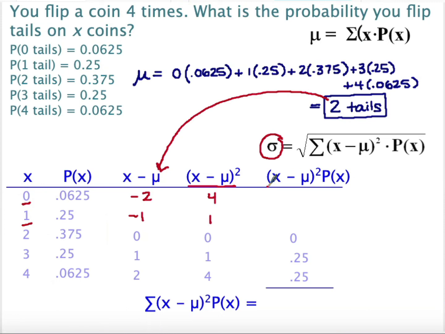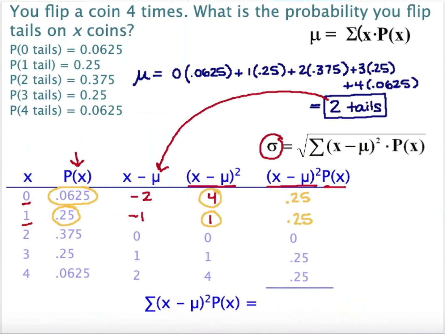And for the next column, I take that squared number times the probability from that second column. So for the top row, I'm going to take the 4 times the 0.0625. And for the next row, I take the 1 times the 0.25. And I did those other rows earlier.